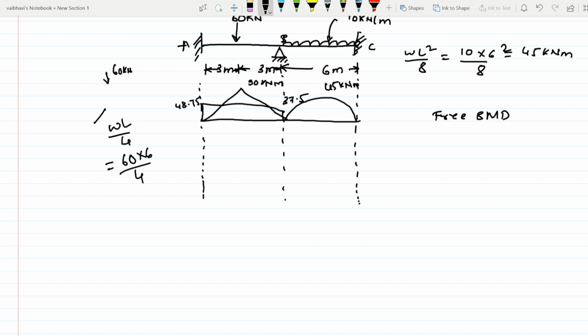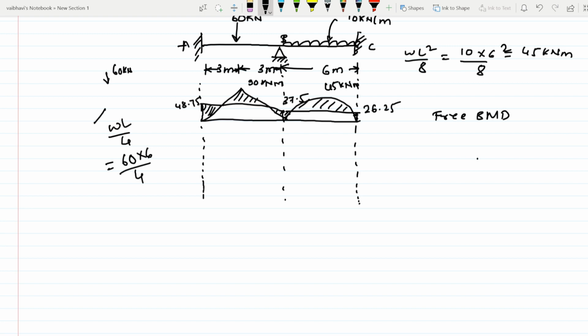Okay, and the MCB value is 26.25. So it's going to join like this. Just shade this portion. Your free bending moment diagram looks like this. This is how we draw the free bending moment diagram.